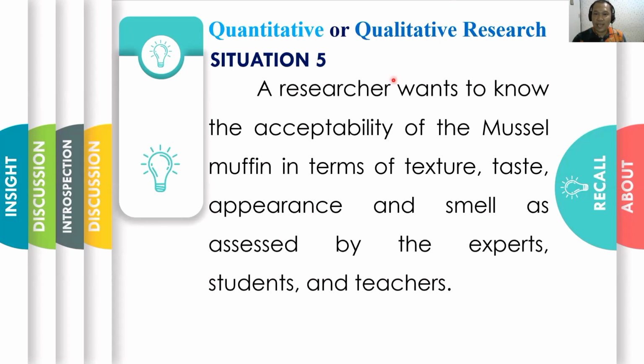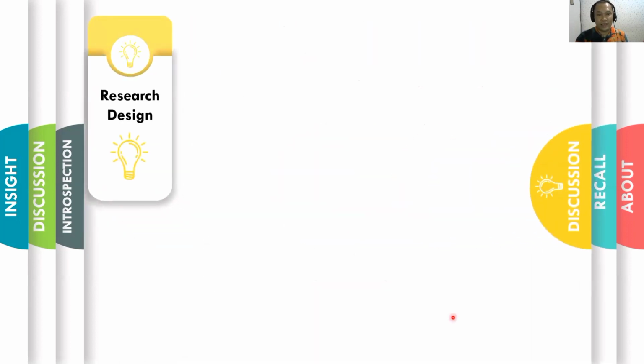Therefore, in this case, we are going to use quantitative research. Now, since we are able to identify, in the given situations, whether we are going to use quantitative or qualitative research, we go to the research designs under quantitative research.